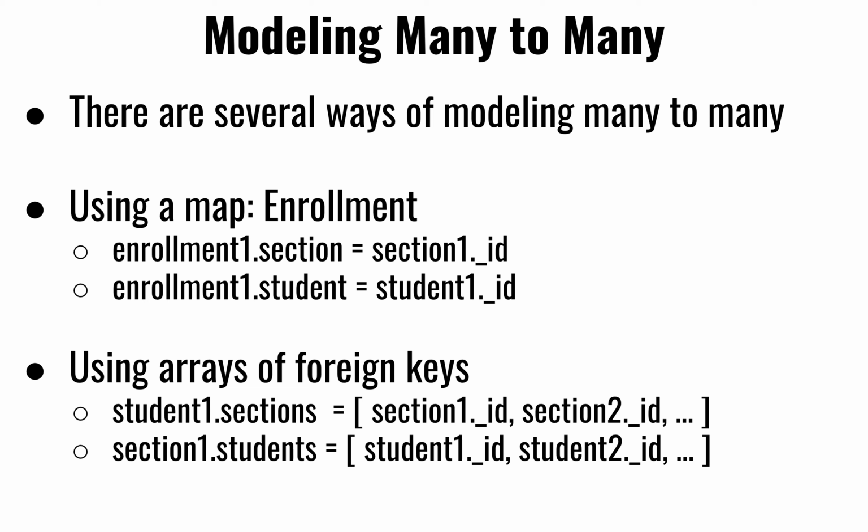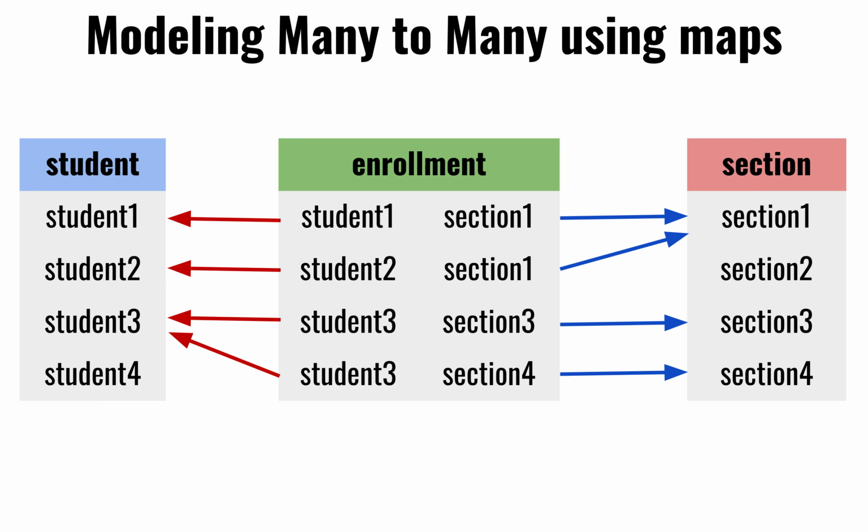Nevertheless, it's a design decision that you would oftentimes try to avoid, right, unless absolutely necessary. So if you look at this implementation, the classical implementation is to have something in the middle, right, that references the other two documents, where the enrollment here we have student 1, and student 1 is enrolled in section 1, student 2 is also in section 1.